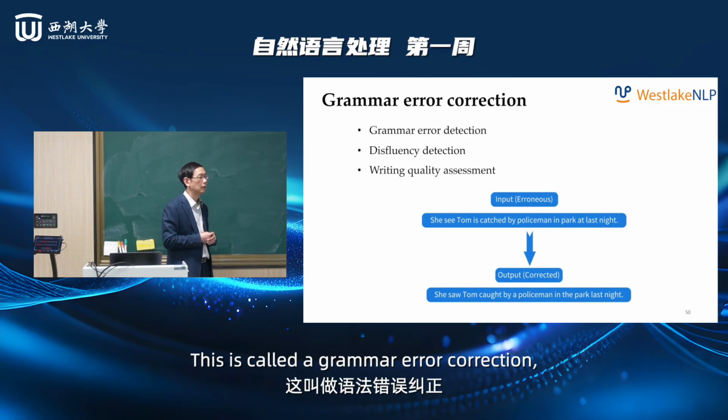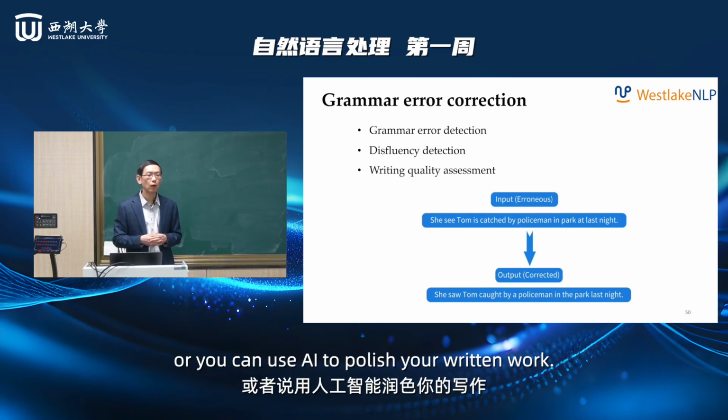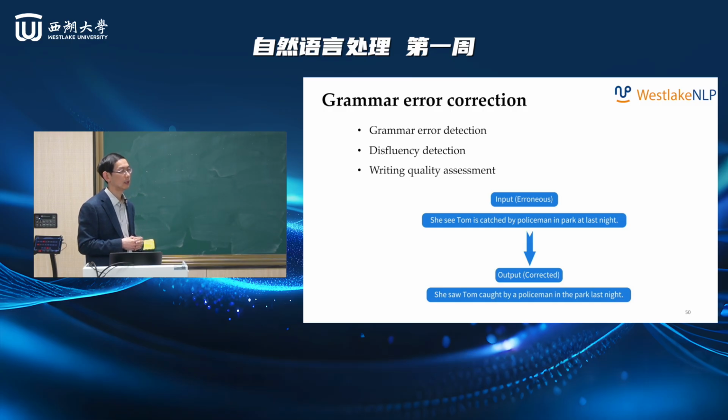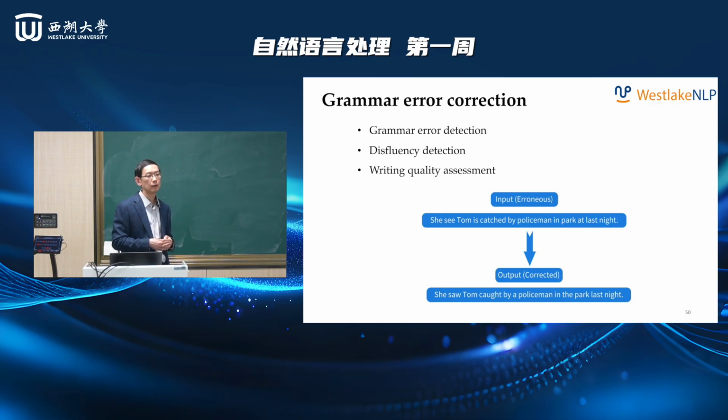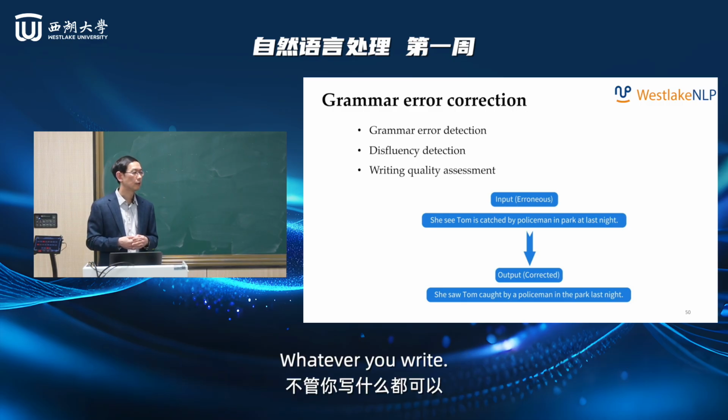So this is called grammar error correction. Or you can use AI to polish your written work. So polishing. In my class, you're very encouraged to use AI to polish your work, whatever you write.